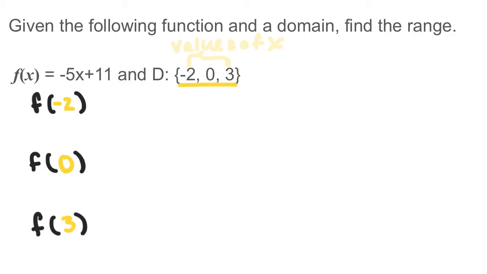So we know that the original function is negative 5x plus 11, and we're substituting this value of x in for x over here. So my original function for each of these is negative 5 times the number plus 11.